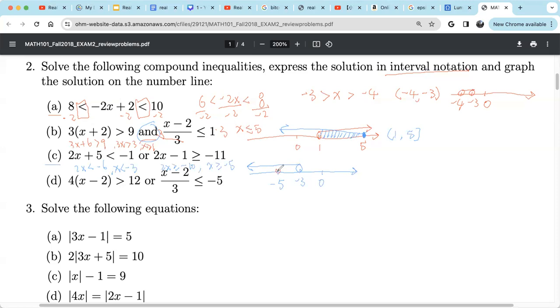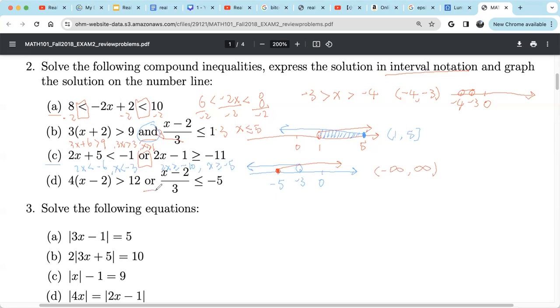So I start with -5 and make a solid dot. It's greater than or equal to, so I go to the right. Because this one is "or", it's not an "and". If it's an "and", I look for the intersection. If it's "or", I take the union. The union is going from -infinity up to +infinity, right? It covers everything. Union of those two sets.